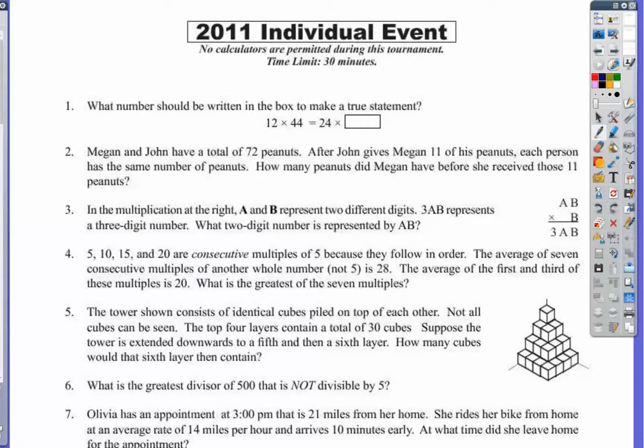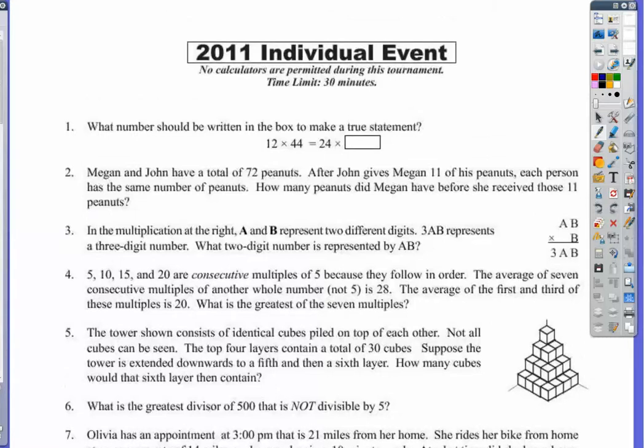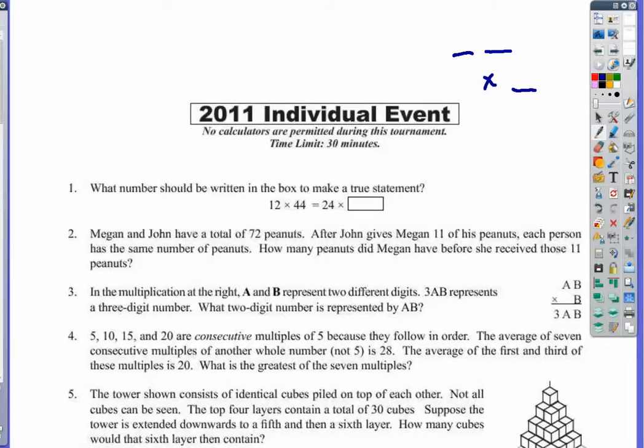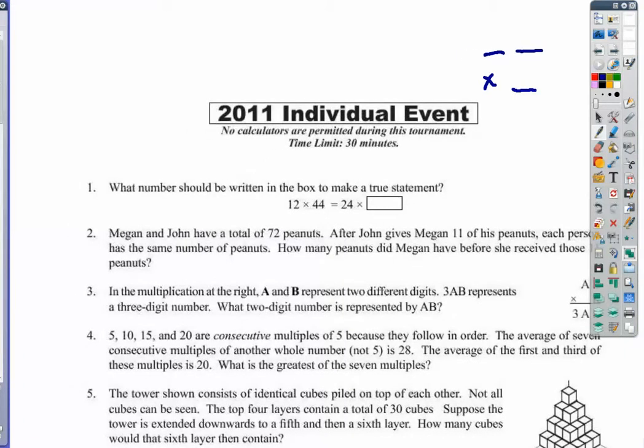In the multiplication to the right, a and b represent two different digits. 3ab represents a 3-digit number, not 3 times a times b. What 2-digit number is represented by ab? So I know that I have a blank, blank times blank, and I get 3 blank blank.